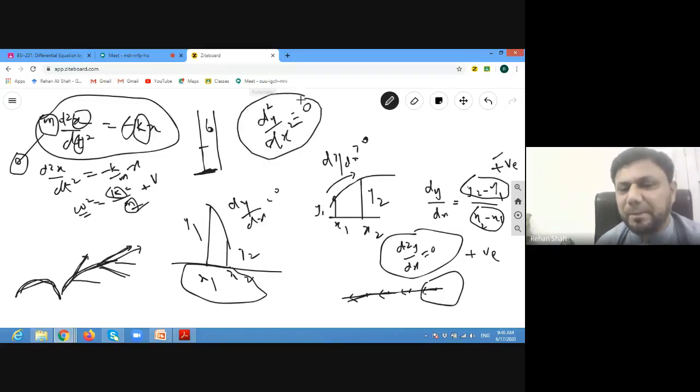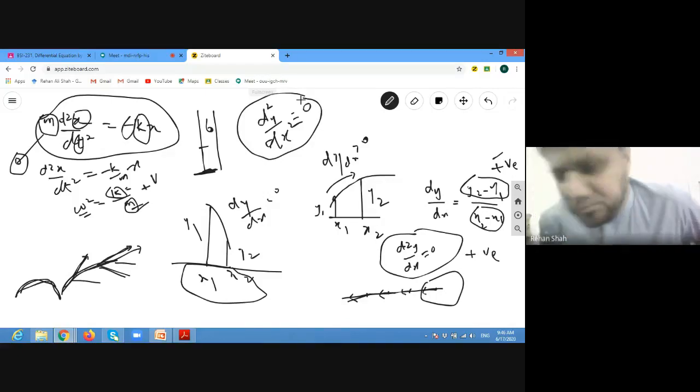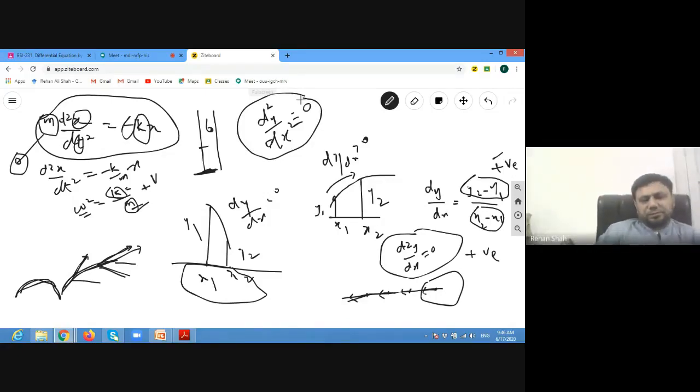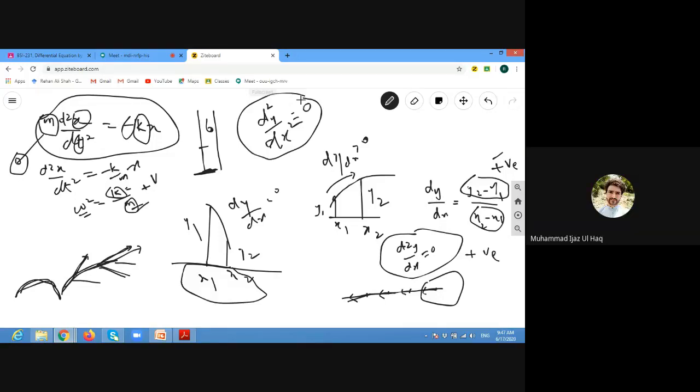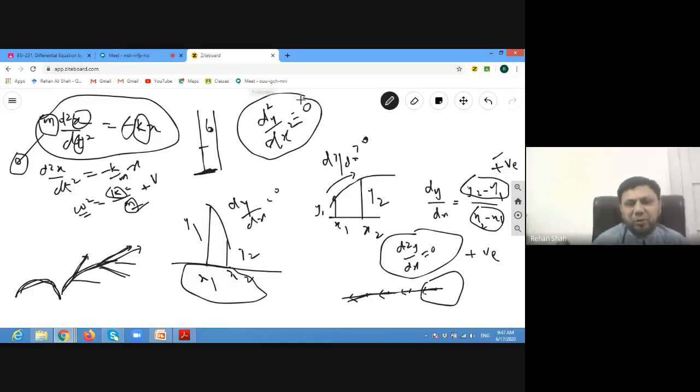Is that clear? Yes sir. So the double derivative, if you are moving on a straight line, the curvature of that straight line is zero, because the double derivative gives you the curvature of that curve.